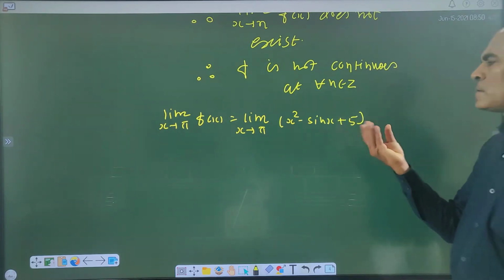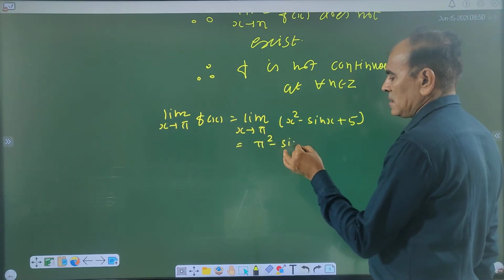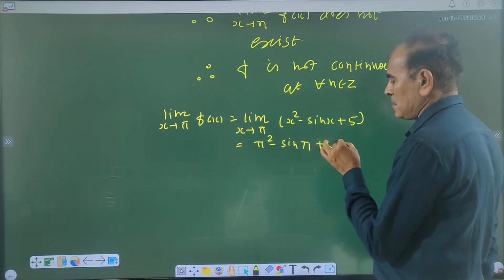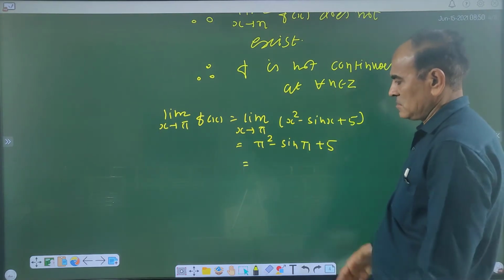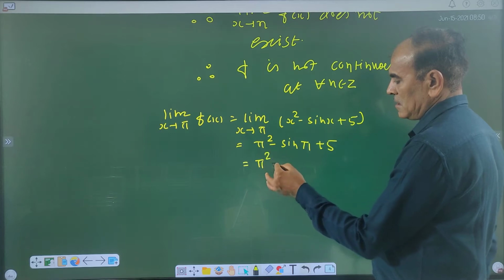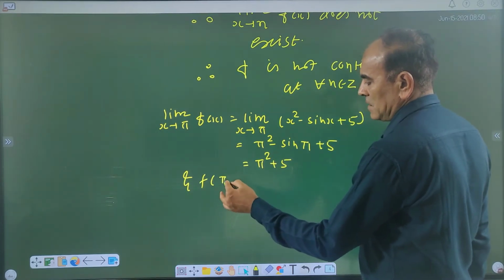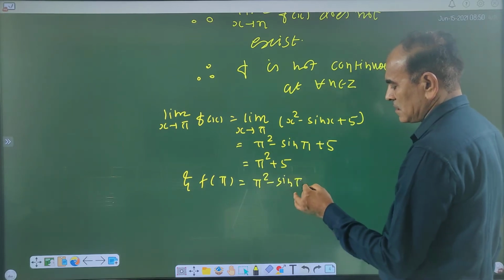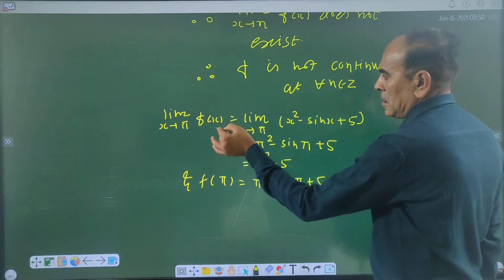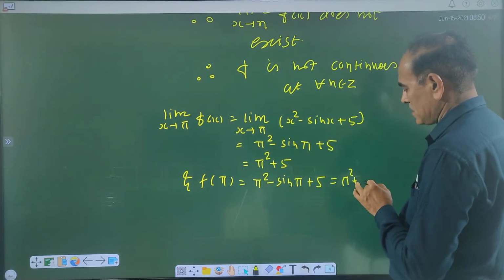This one is a simple ordinary limit. The value is pi square minus sin pi plus 5. What is sin pi? 0. So that is pi square plus 5. And what is f of pi? Same as this one: pi square minus sin pi plus 5, because f(x) is this one. So that is also pi square plus 5.